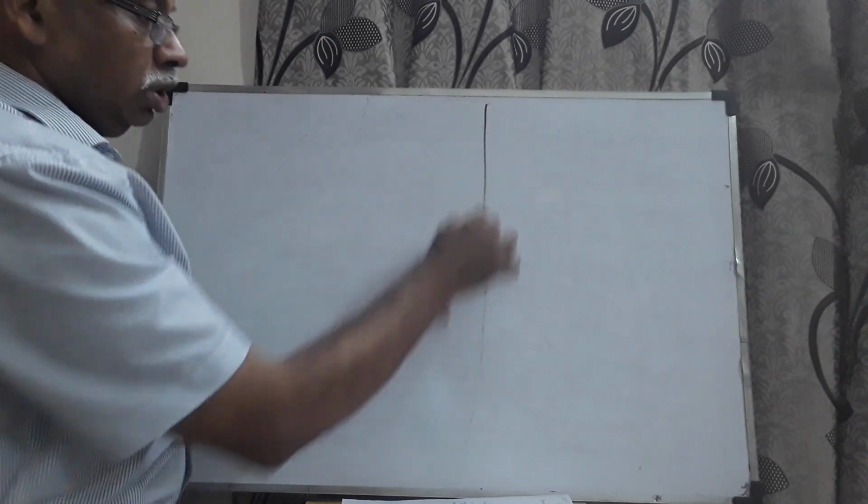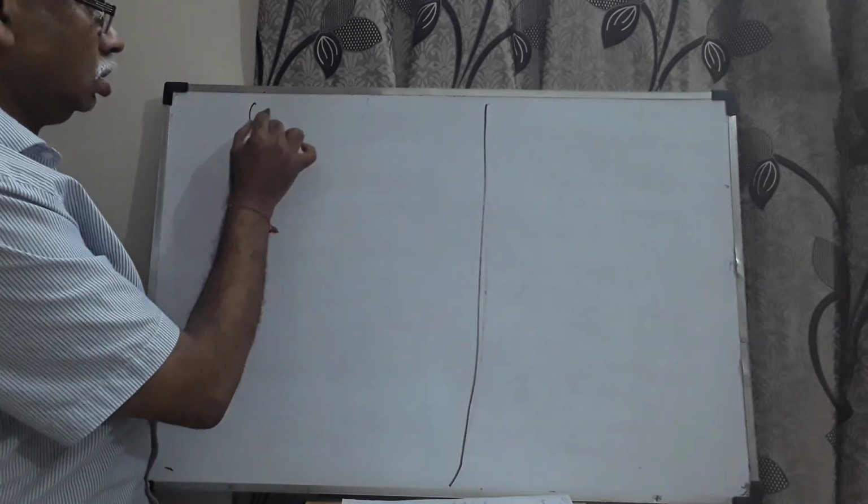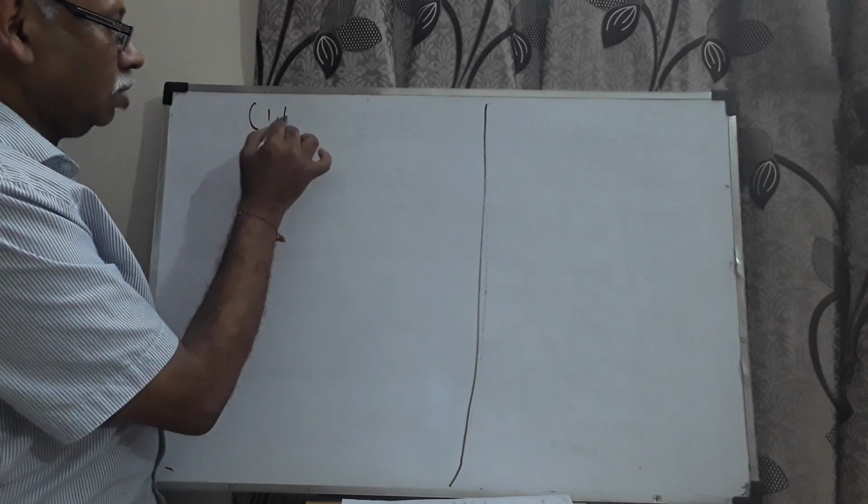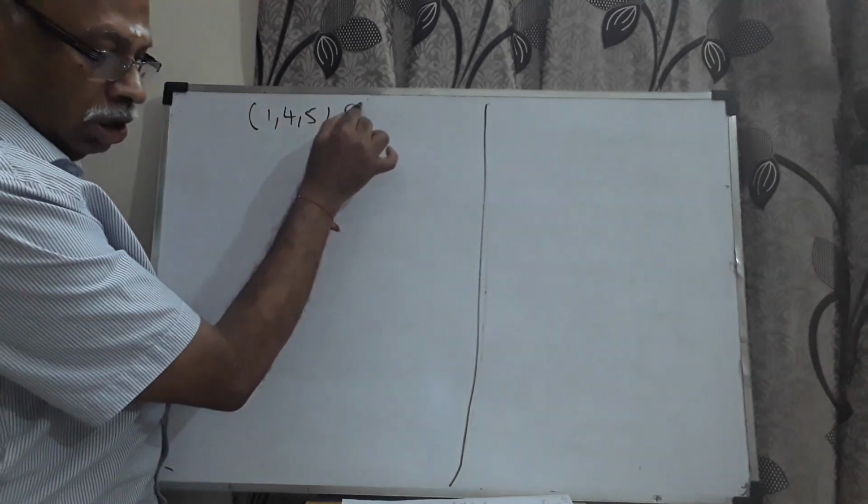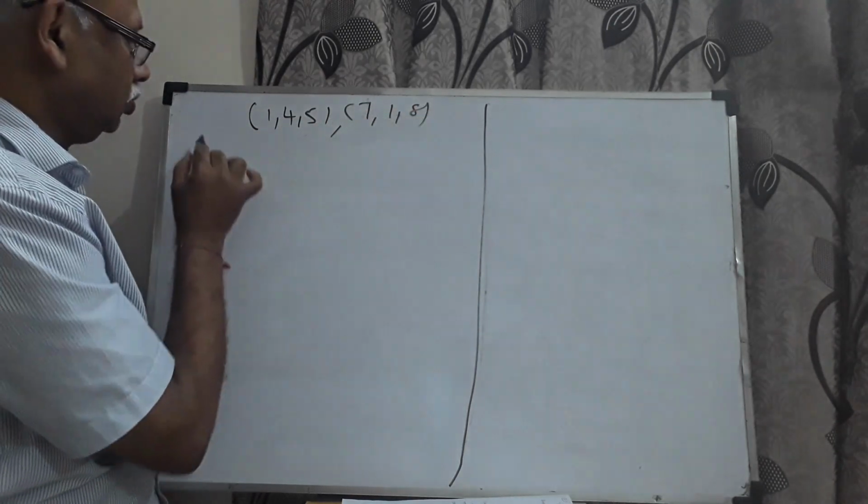We know very well the equation of any straight line passing through x1, y1, z1 and x2, y2, z2 is given by x minus x1 by x2 minus x1 is equal to y minus y1 by y2 minus y1 is equal to z minus z1 by z2 minus z1. Therefore, here the points given are 1, 4, 5 and 7, 1, 8.